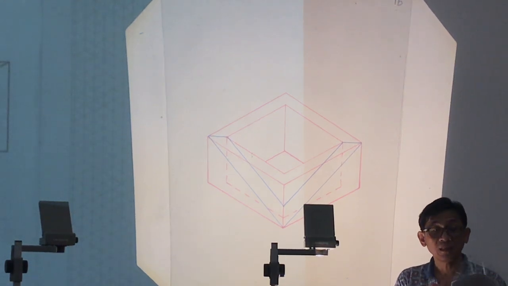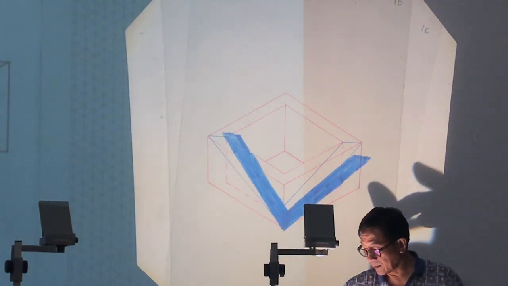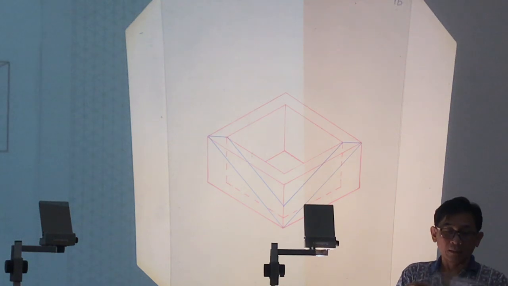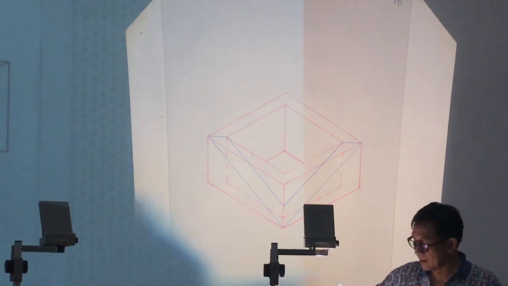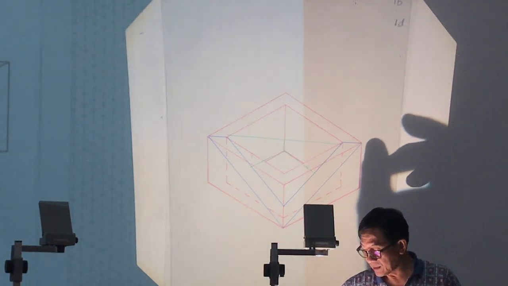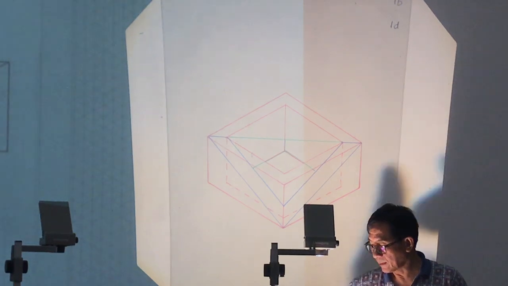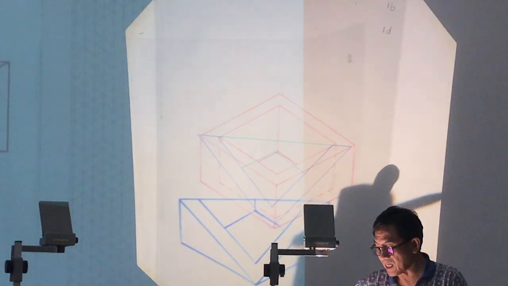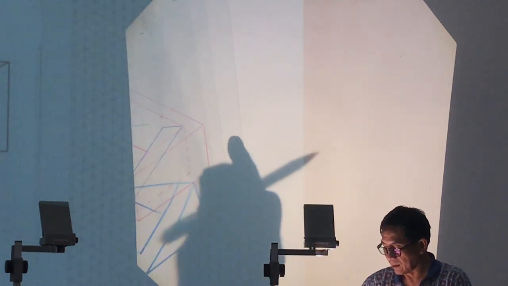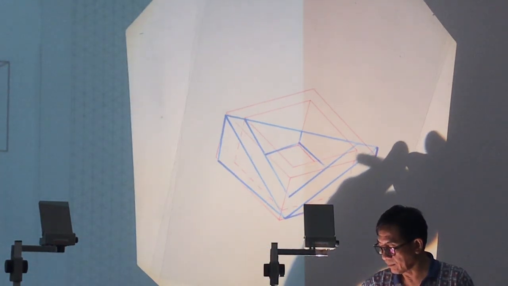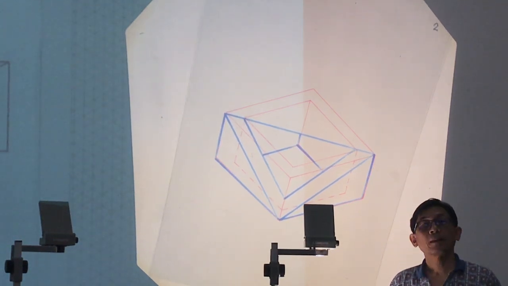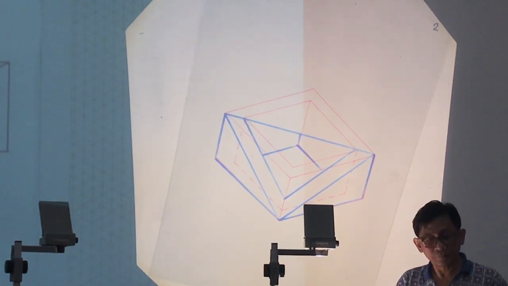Then add in this. This one is just for color. And then add in this. And then finally, the solution is this. All right?